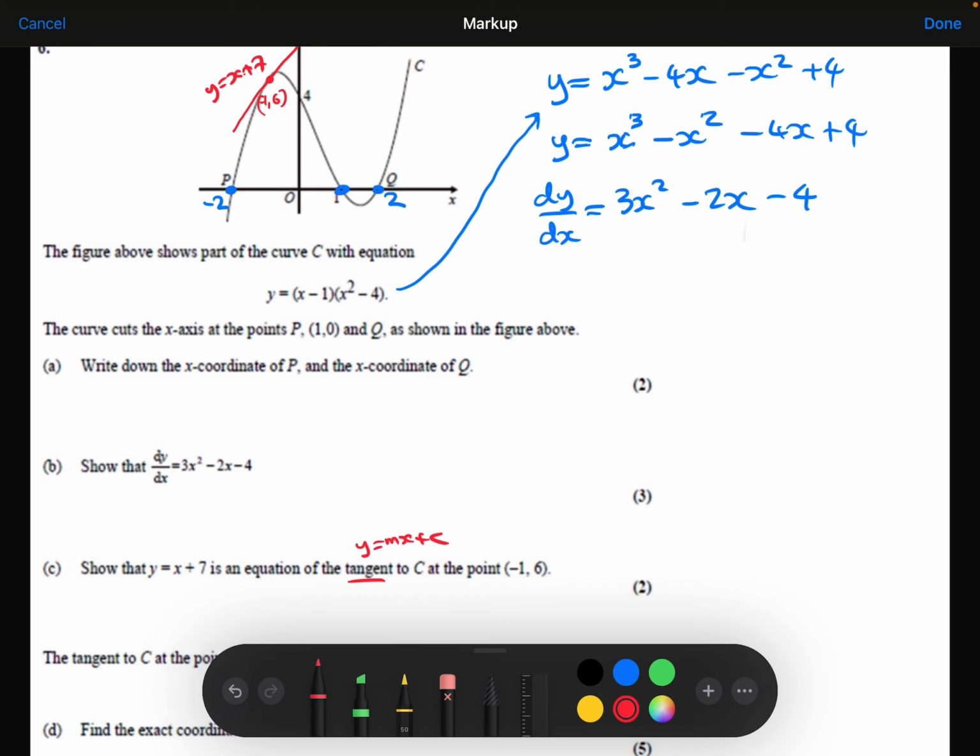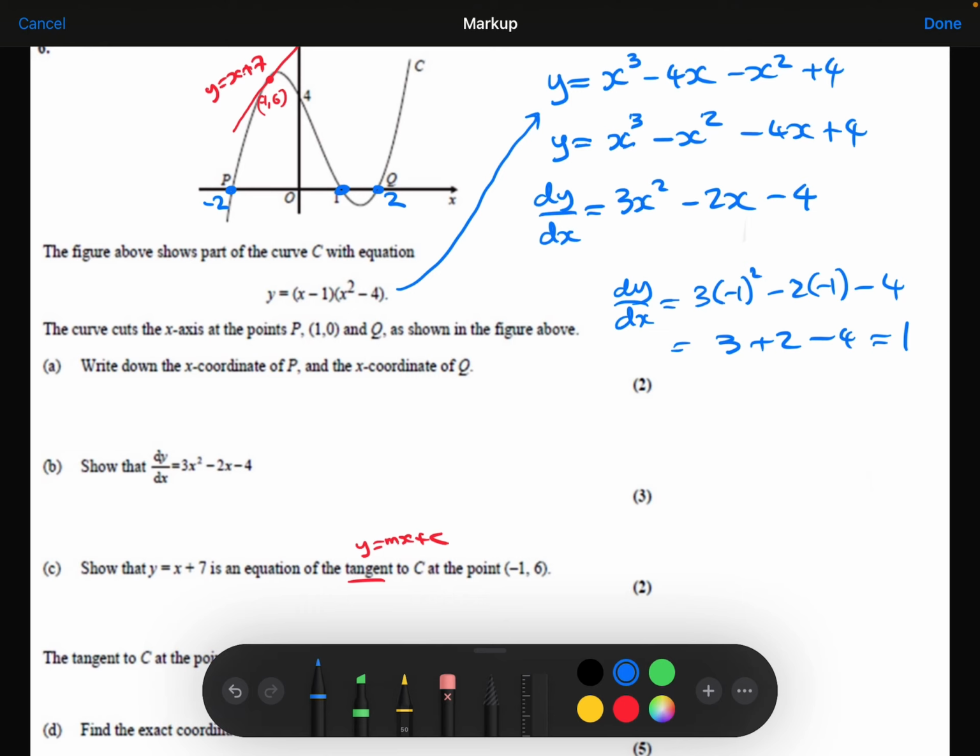And I know that the tangent has the same gradient as the curve. So therefore, to work out the gradient of the curve, I can take the x-coordinate and substitute that into my gradient function. So I would get 3 times minus 1 squared minus 2 times minus 1 minus 4, which gives me a gradient of 1.